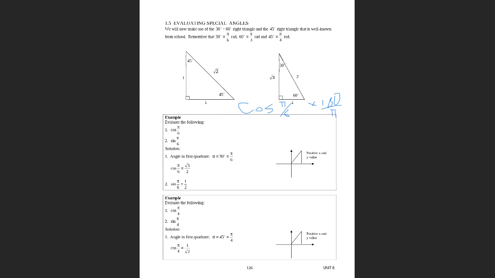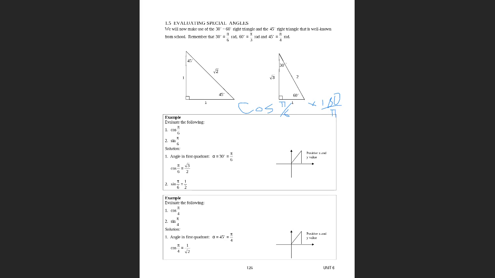Cos 30, you can easily see from the special angles, gives adjacent over hypotenuse, which is root 3 over 2.